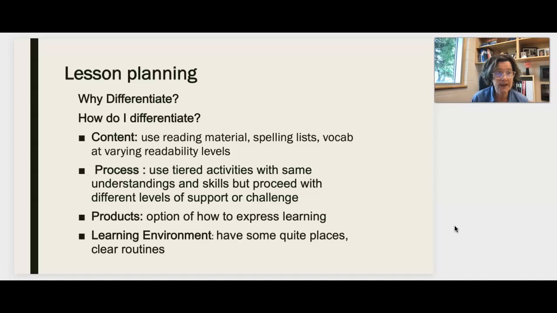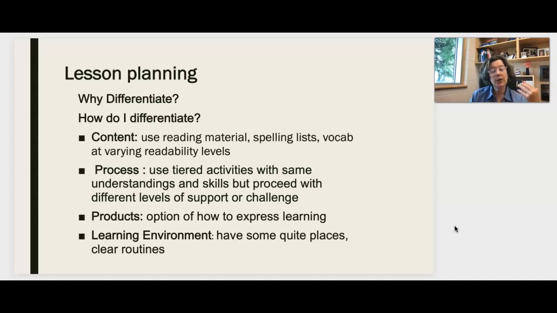So content. I'm just going to read this so I don't change the meaning. Content is what the student needs to learn, the actual content. So it's kind of what you would think of as what you're drawing from the program of studies.